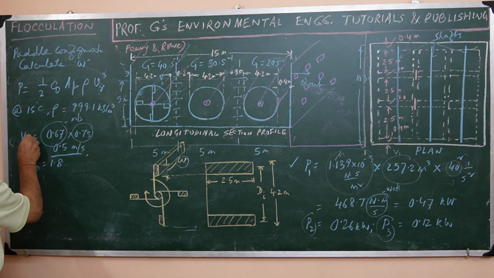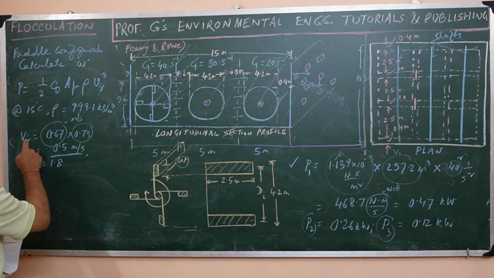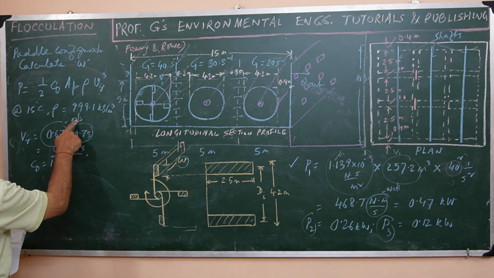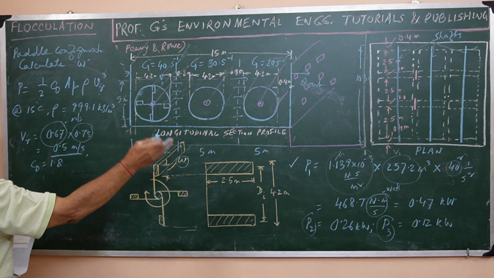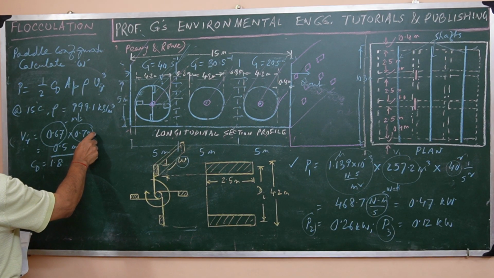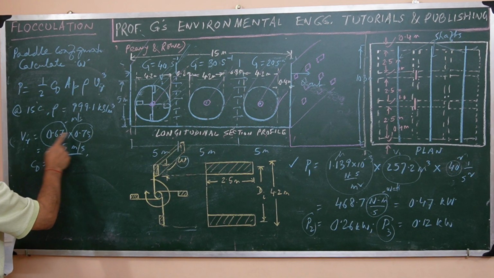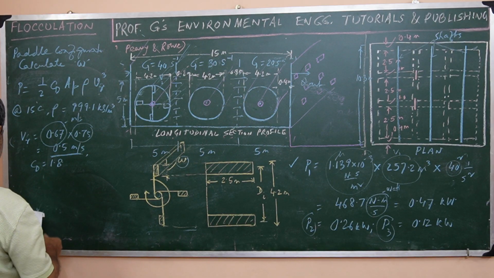Let us say VR, not VP. VP is the peripheral velocity. That 0.67 is the peripheral velocity, assumed or taken from the recommended range, and 0.75 times means 75% of that peripheral velocity, that happens to be VR, the relative velocity, which we have already discussed.